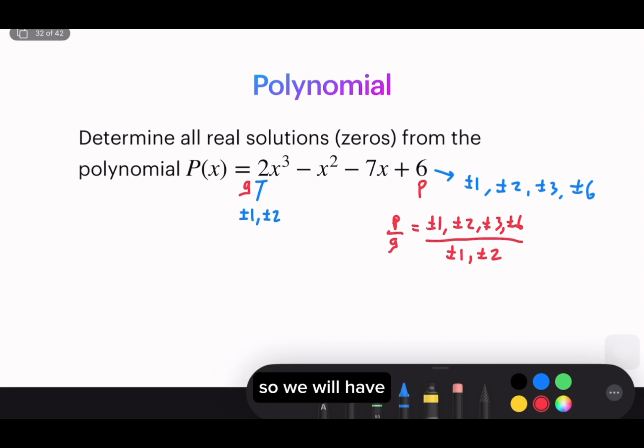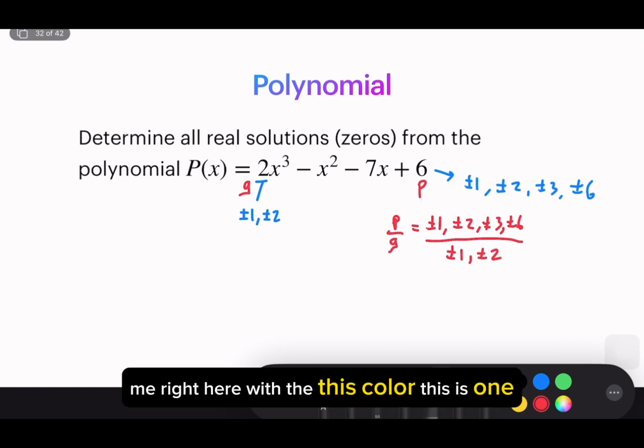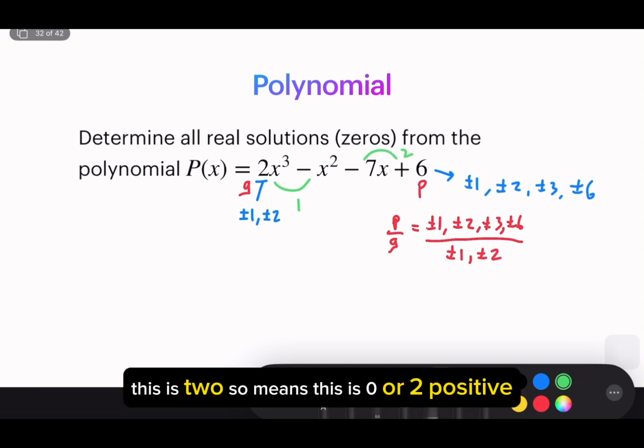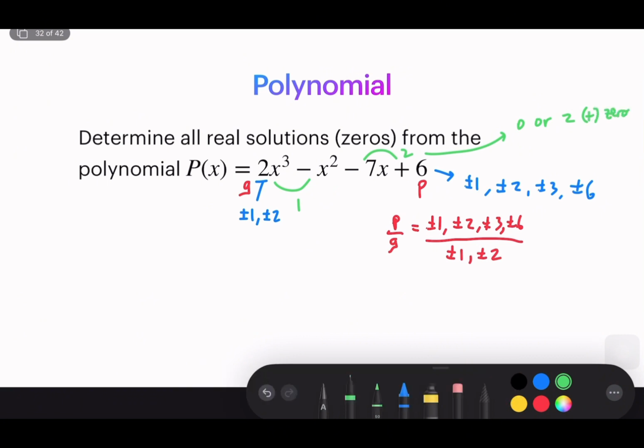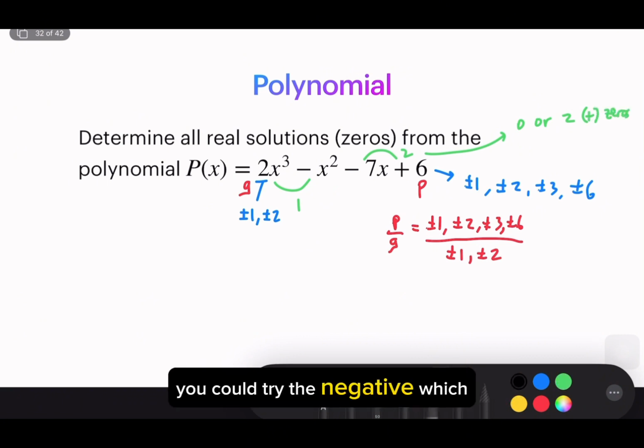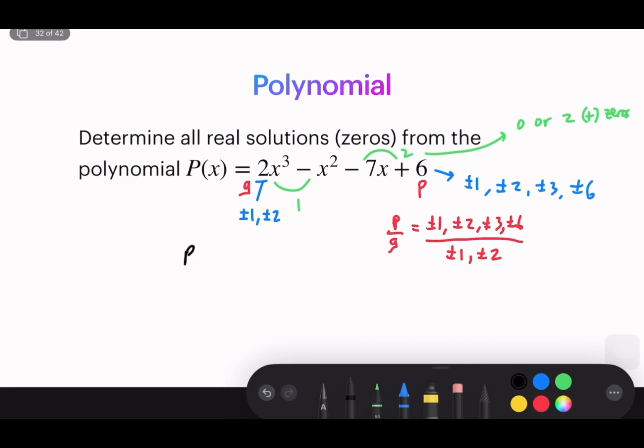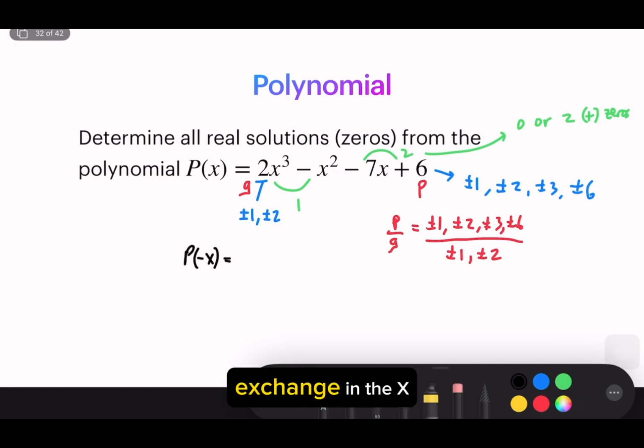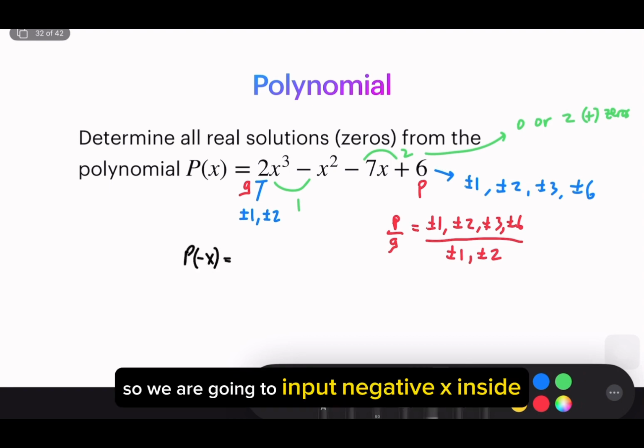Okay. Let me write here with this color. This is 1. This is 2. So it means this is 0 or 2 positive. You could try the negative, which is to exchange the x, so we are going to input negative x inside.